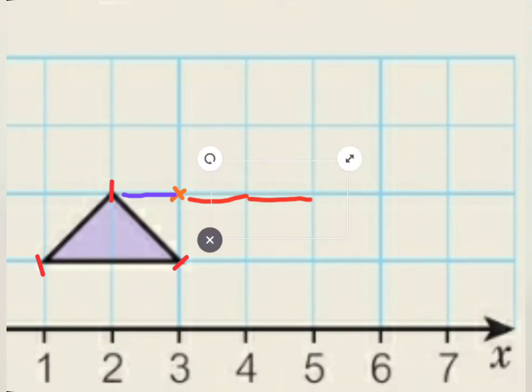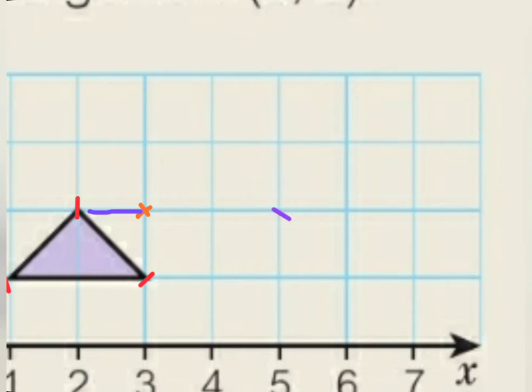Because I counted 2 boxes. I counted 1, I multiplied by 2, which is the scale factor, and then I counted 2 here in the opposite direction, and I put the point here. And I do the same for all points. For example, let's talk about this point.